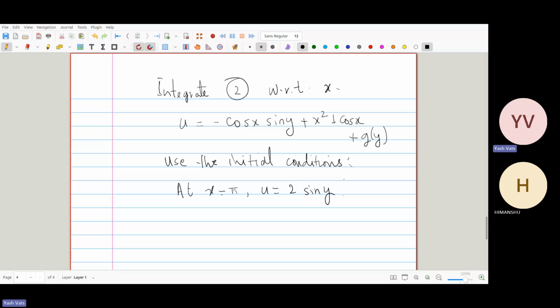So what you get in the last is you have to find g(y). So you will get g(y) to be something like this, sine y plus 1 minus pi squared. Because you substitute x here, u is just 2 sine y minus sine y, and that's sine y, plus 1.